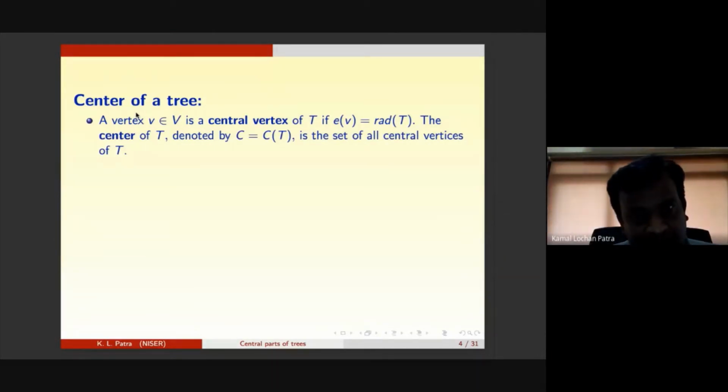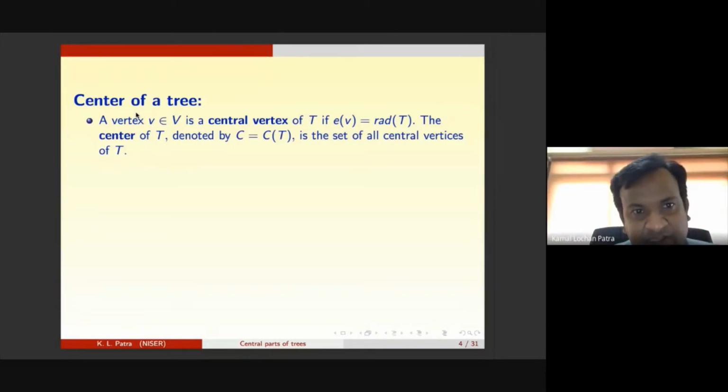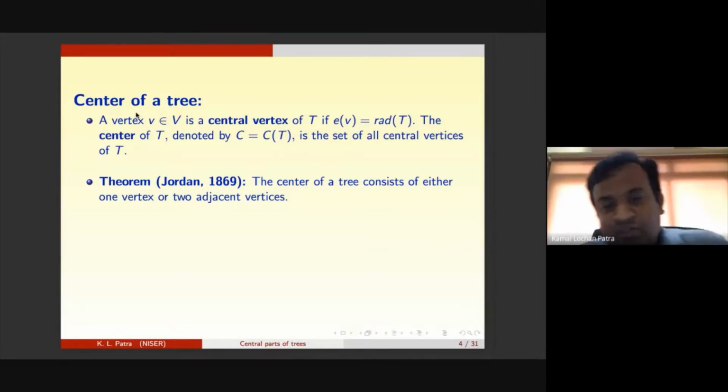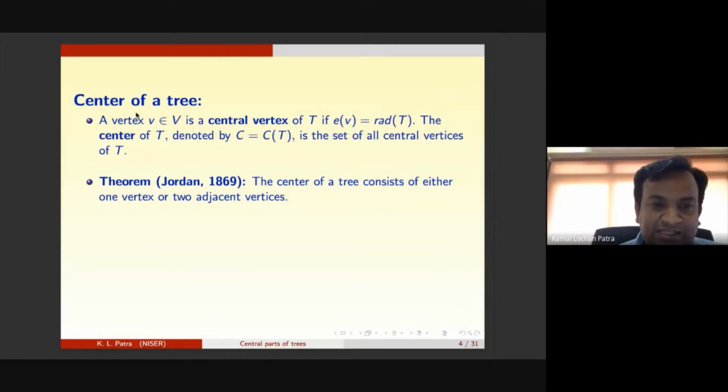The center of a tree was first defined by Jordan. Jordan in 1869 proved that the center of a tree consists of either one vertex or two adjacent vertices. That means you take any tree on n vertices, the center is either a single vertex or two adjacent vertices.